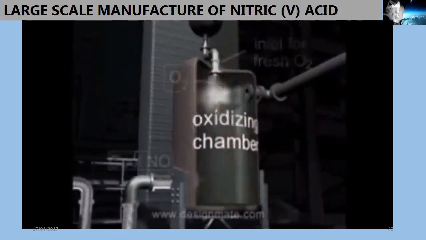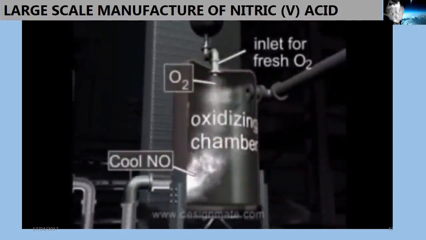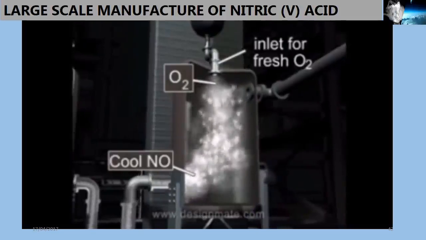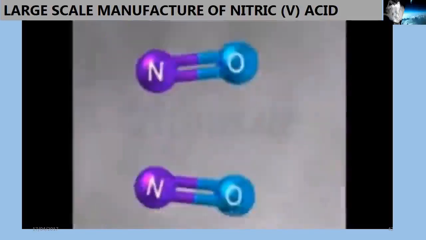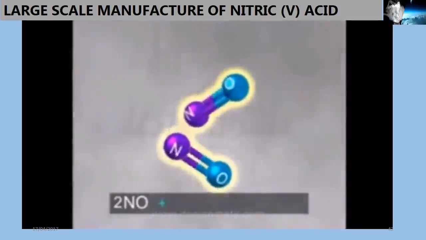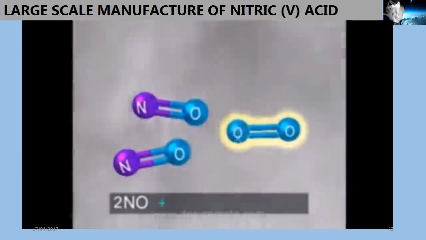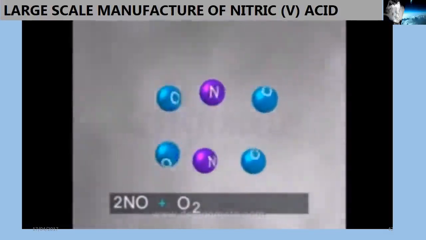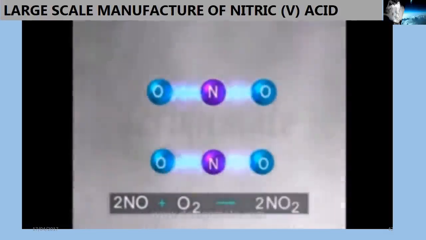This chamber has an inlet for fresh oxygen. Here, nitric oxide combines with oxygen, forming nitrogen dioxide. 2 molecules of NO plus 1 molecule of O2 gives 2 molecules of NO2.